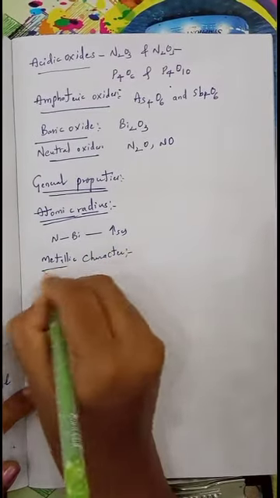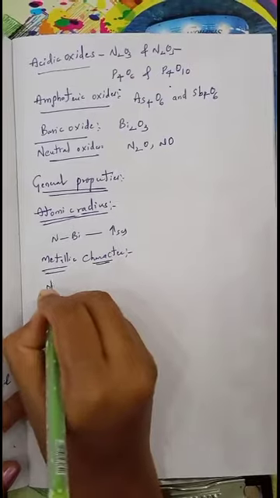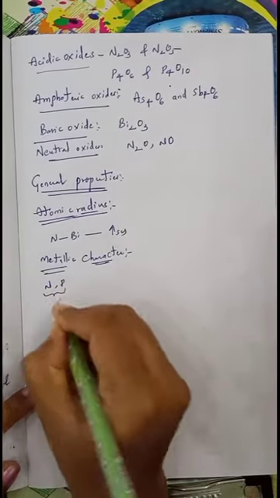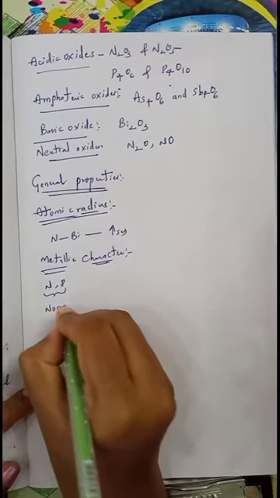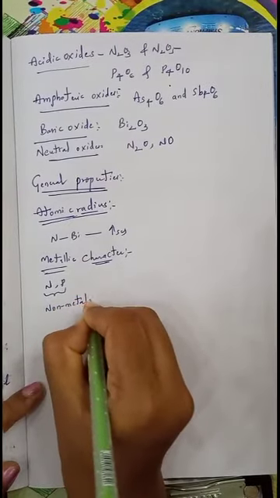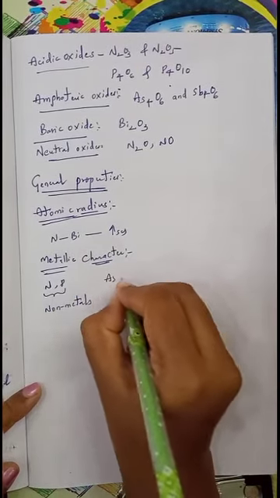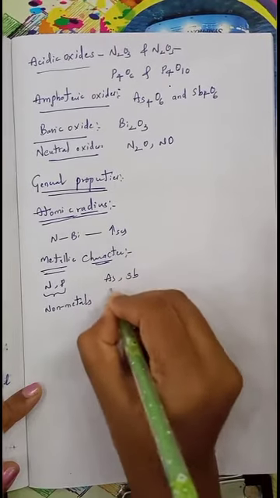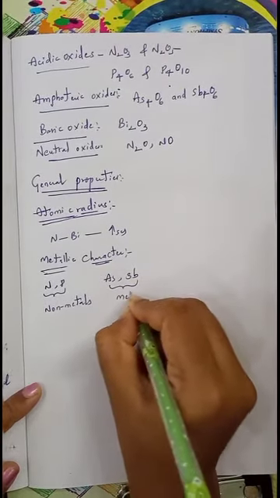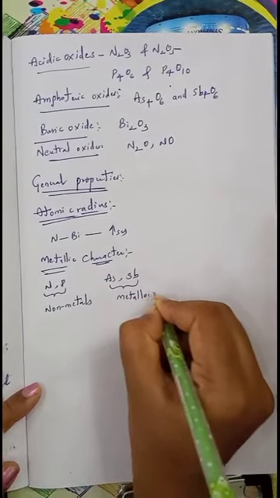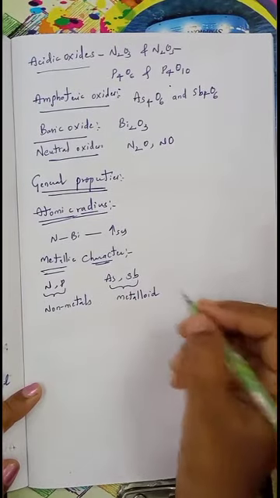If you observe metallic character, nitrogen and phosphorus are non-metals. Next, arsenic and antimony are metalloids. Metalloids means they contain both metallic property and non-metallic property.